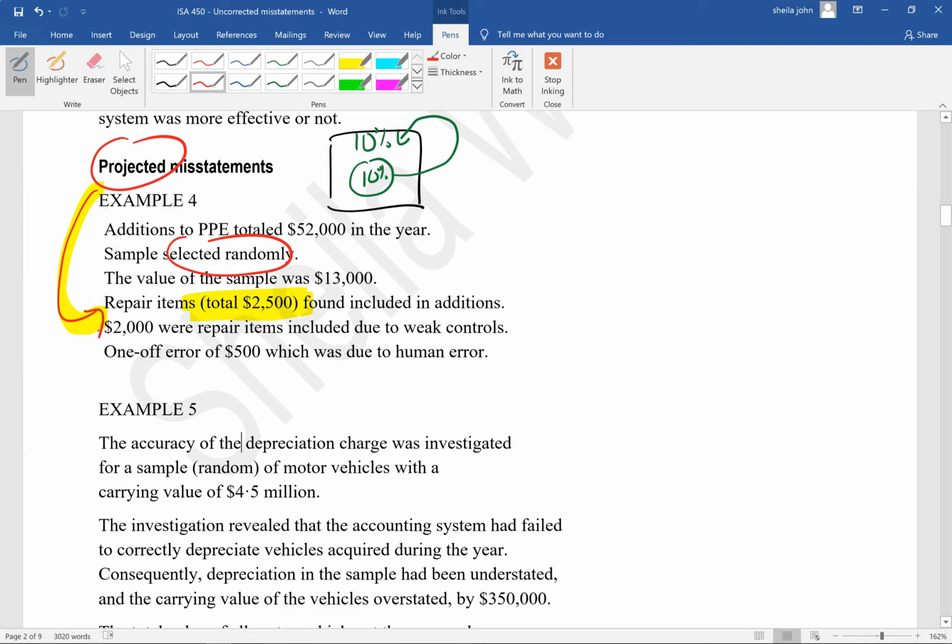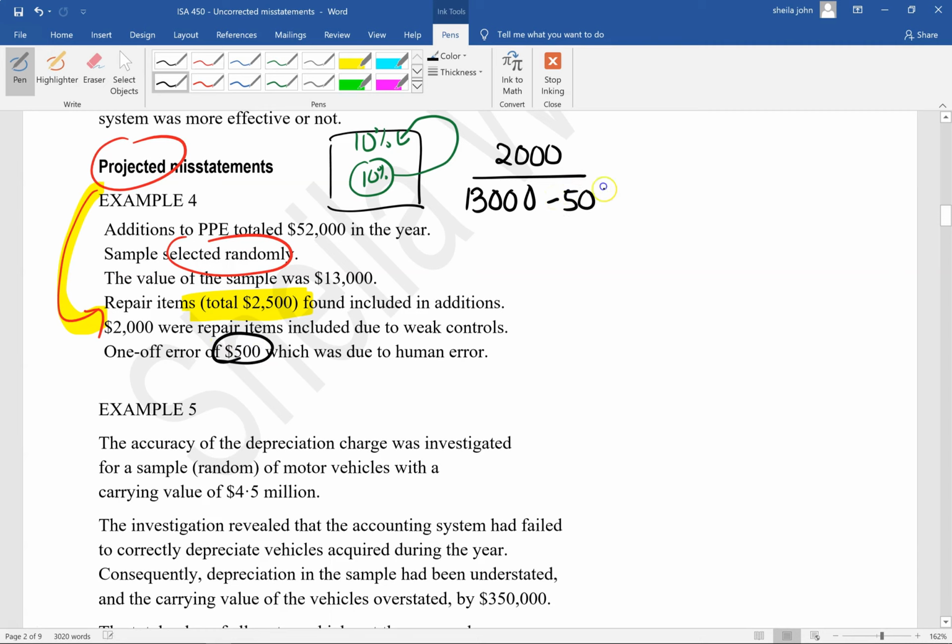So in order to calculate the projected misstatement, we have the 2,000 repairs that resulted from weak internal controls divided by the sample value. The sample value is 13,000, but we're going to minus off the part that was due to human error.